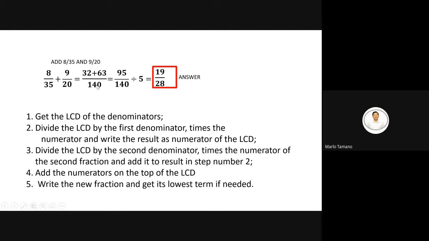Ito naman po. So, 140 divided by 20 is 7 times 9. That is 63. So, yun po yung sinasabi niya. Divide the LCD by the second denominator times the numerator, which is 9 of the second fraction, and add it to the result in the step number 2. Number 4. Sige.